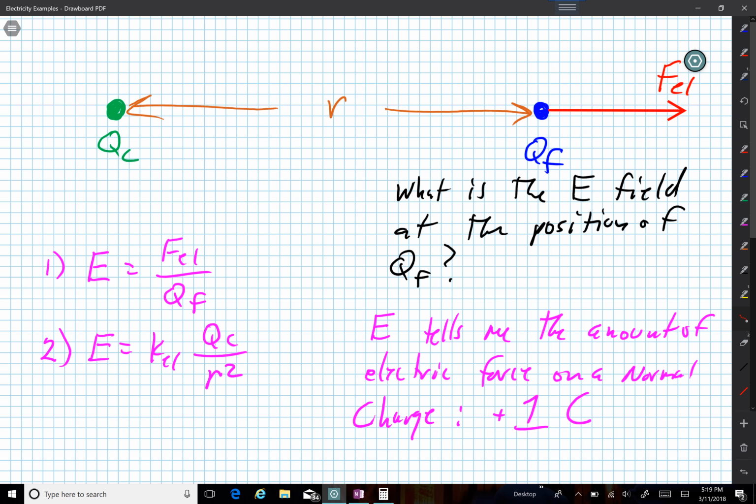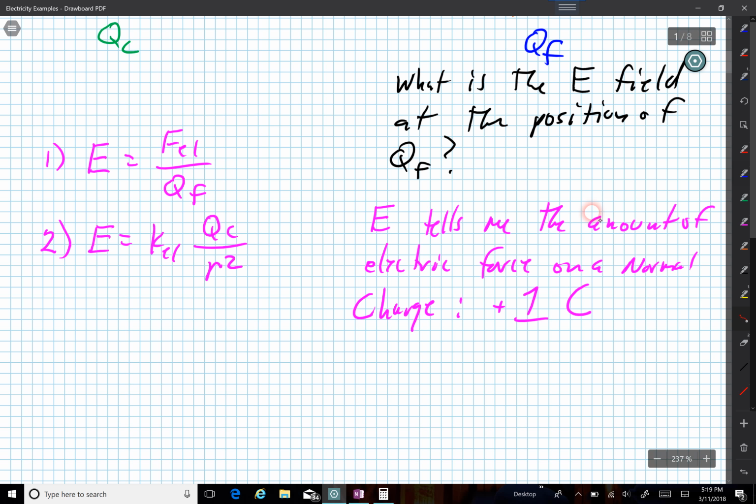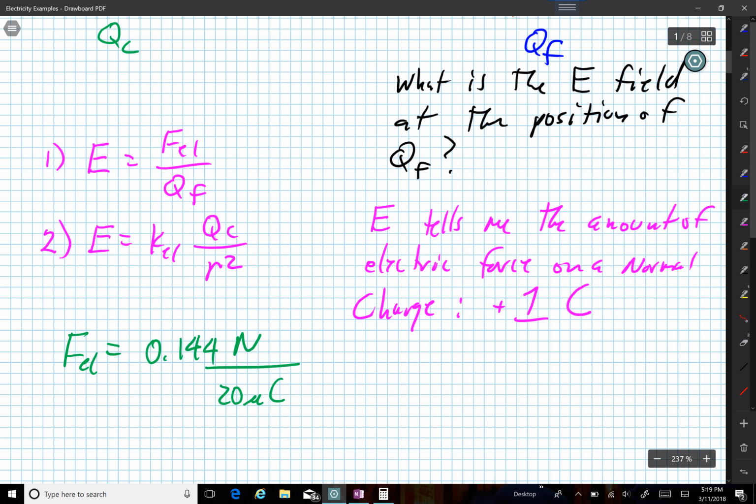If I divide, think of it this way, the electric force that I have is 0.144, watch this, we'll just write it out. The electric force, I'm going to make some units here. 0.144 newtons per 20 microcoulombs.